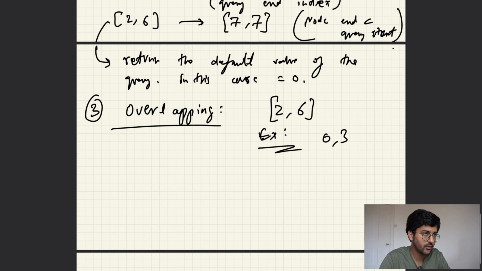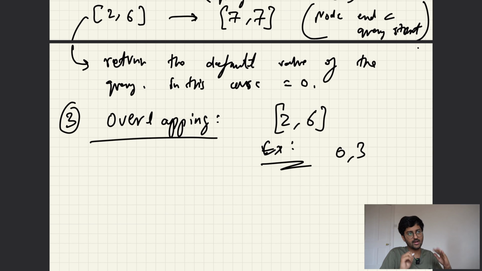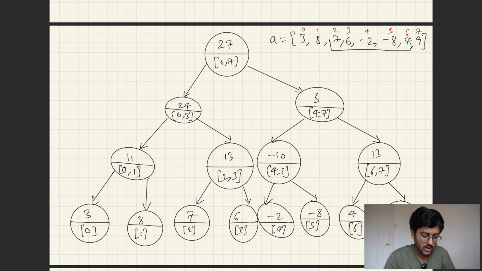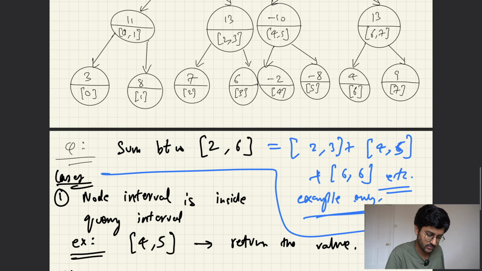So what do we do in case of overlapping? However it's overlapping, you can ask the left and the right nodes to give the answers, and then you can just reduce the answer from these two values. So what that basically means is, let's say you start at 0, 7 and you're given 2, 6.